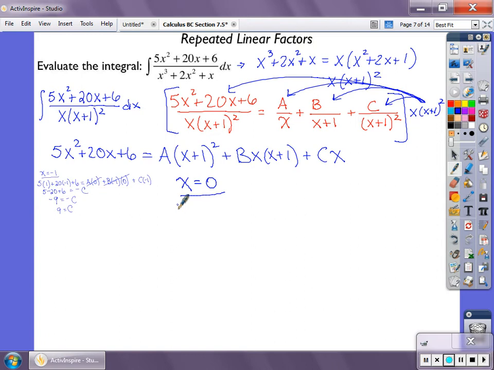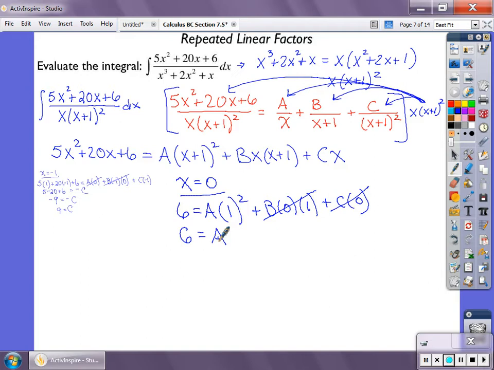All that's left on the left-hand side is 6 equals A times 0 plus 1 squared, which is 1, and then plus B times 0 times 1 plus C times 0. So that's gone, and so all we have is that 6 is A. And we're pretty happy about that.